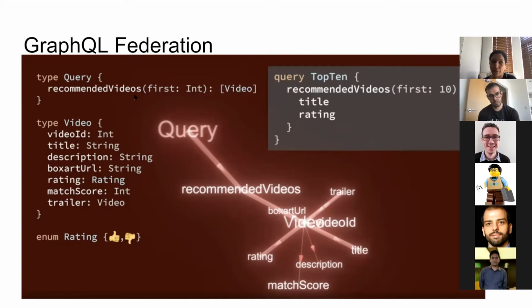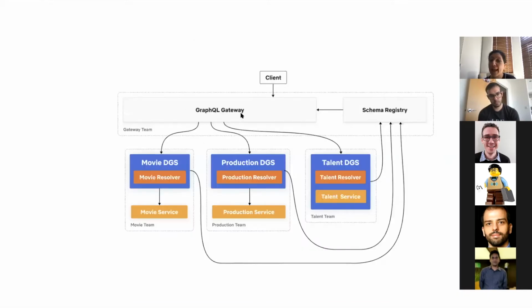How it does this is it uses a gateway, and the client hitting that gateway can navigate through multiple endpoints for the movies, productions, or talents, and then go back and ask the schema registry and come back, so you have the full resolution of your endpoints.